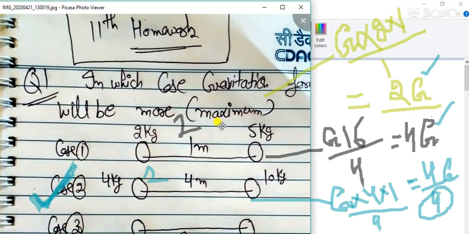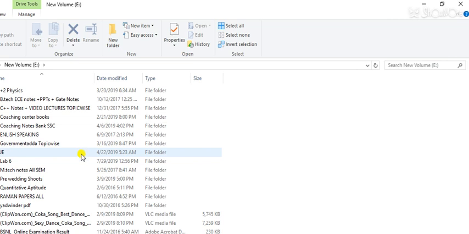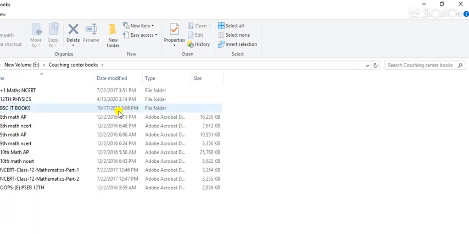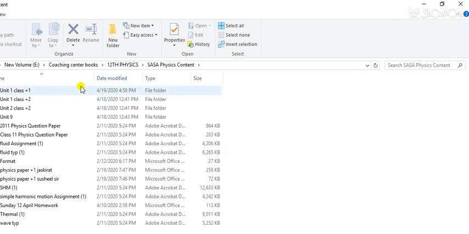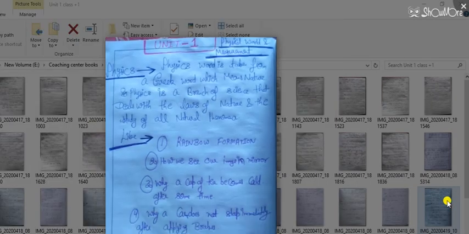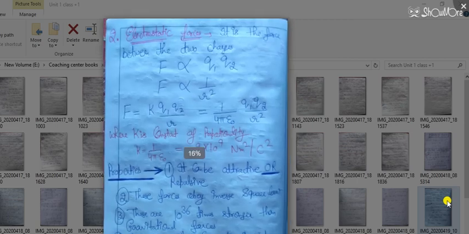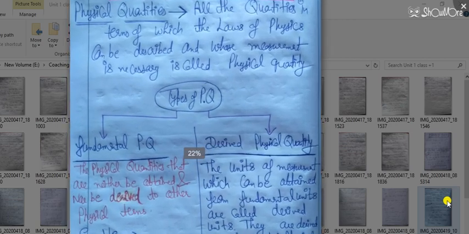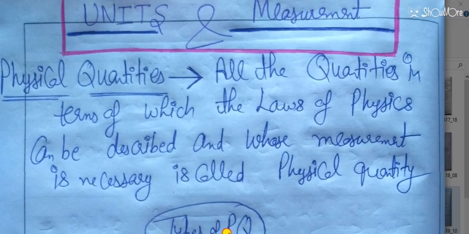So now I will move to the content that we will discuss tomorrow. You can see, if I clear this screen, students, we have started with plus 1 physics unit number 1. This page we have discussed already, and now we are at physical quantities.